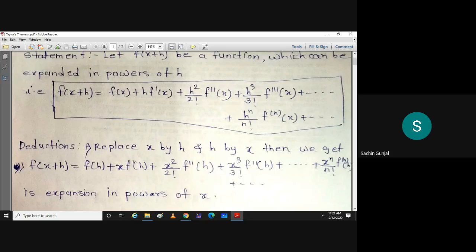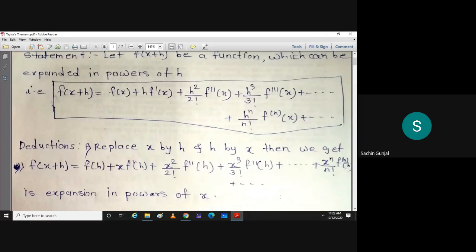That is f of h plus x into f dash h plus x square by 2 factorial f double dash at h, and so on.